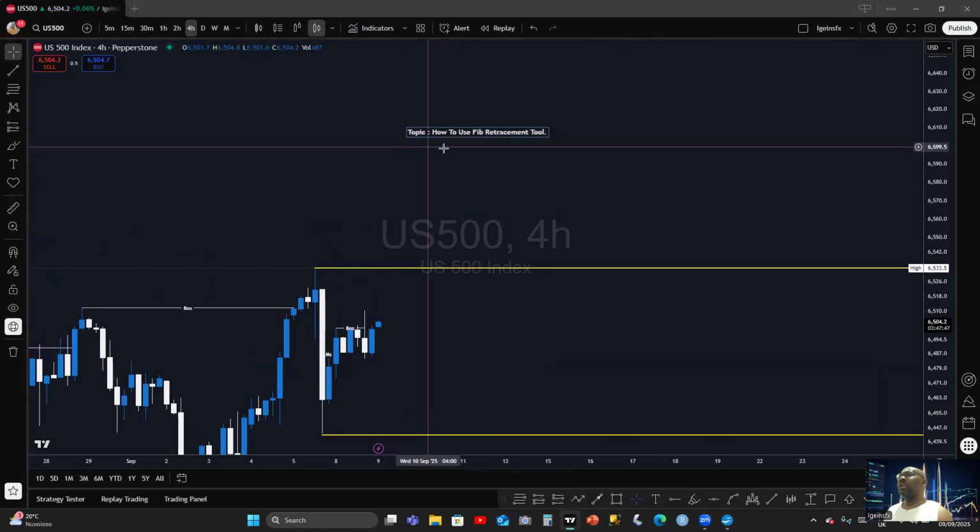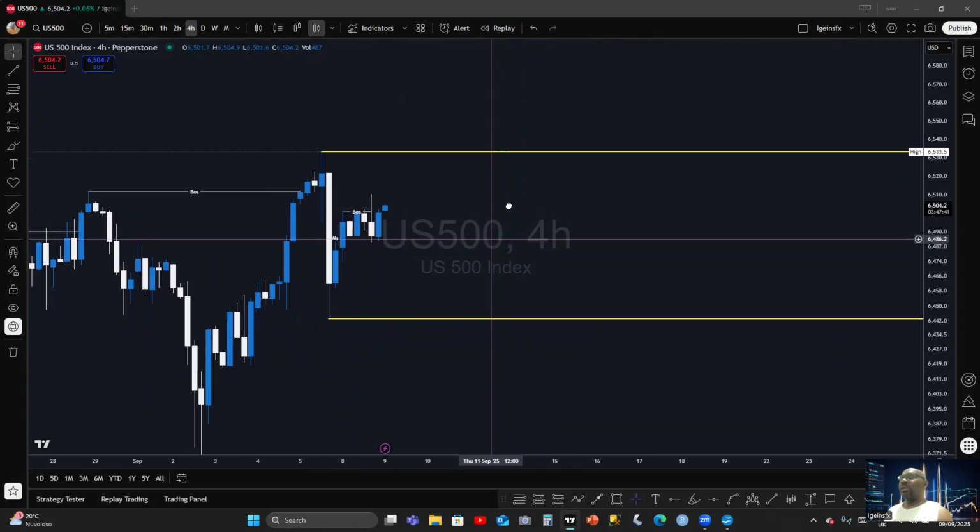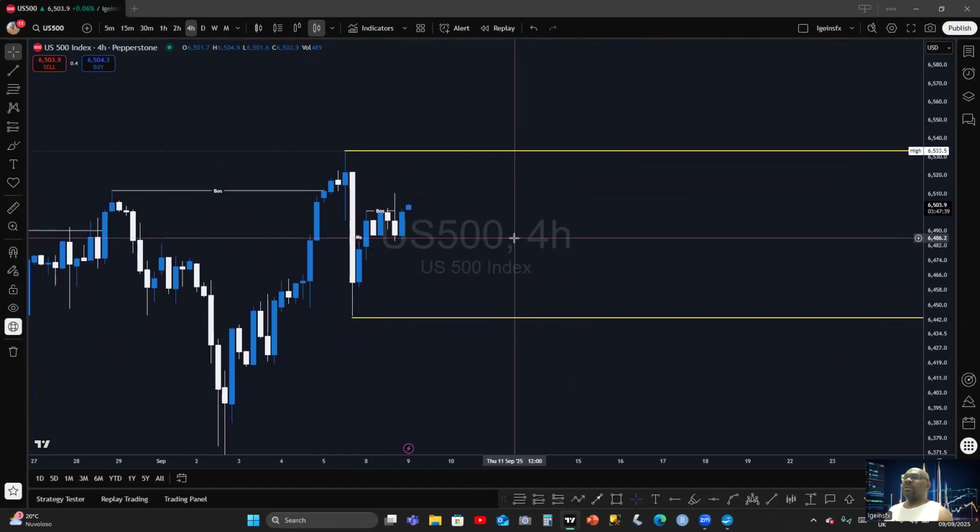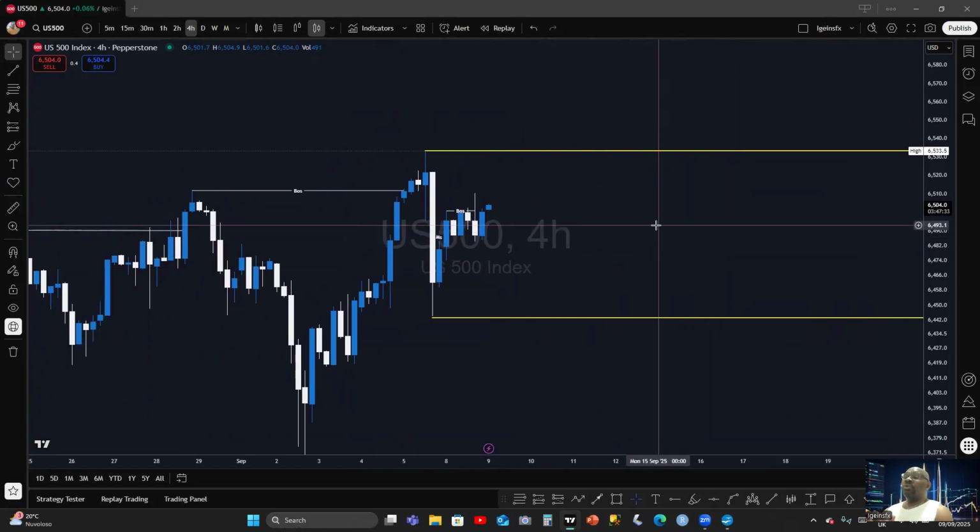So today we are going to be treating this topic, how to use Fibonacci retracement tool. Now, what is this Fibonacci retracement tool? Fibonacci retracement tool simply is a tool that you use to gauge the retracement.